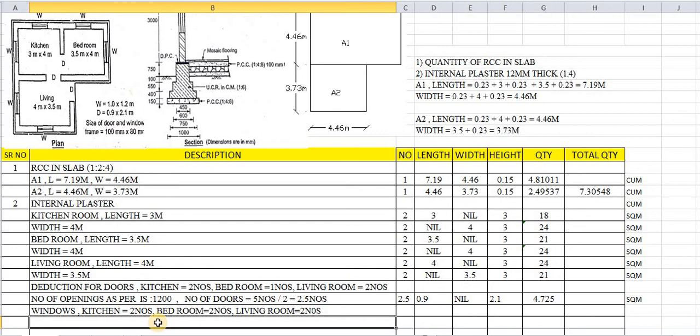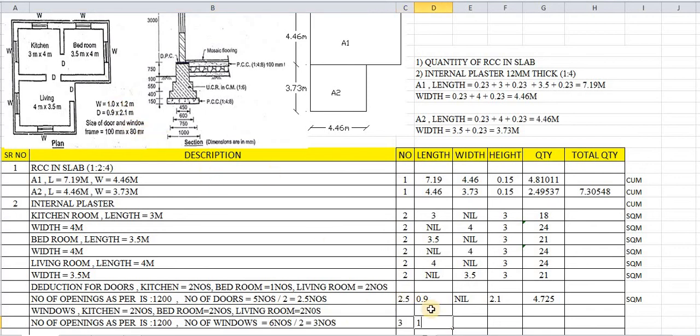So for deductions, the number of openings, the number of windows will be considered here. Total number of windows is 6, and 50% comes to be 3 numbers. So here we will consider 3 numbers. What about the length of window?